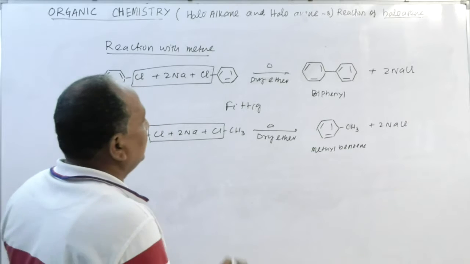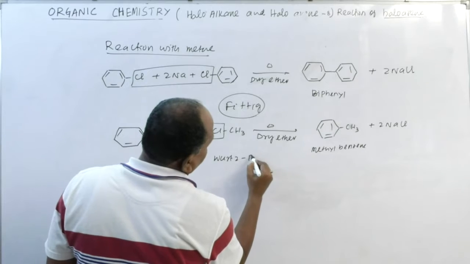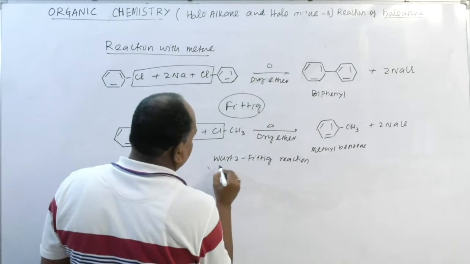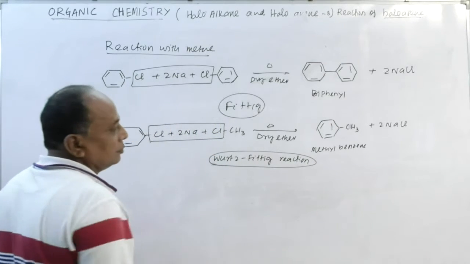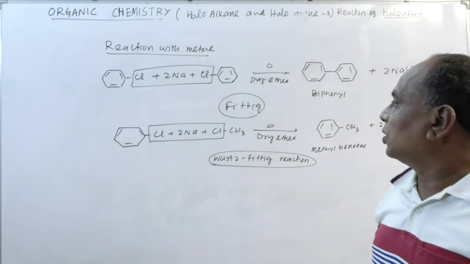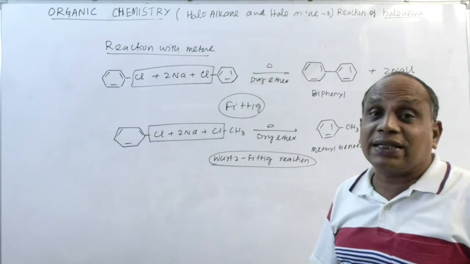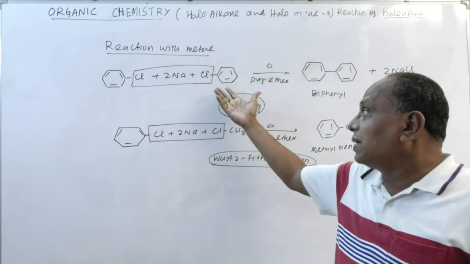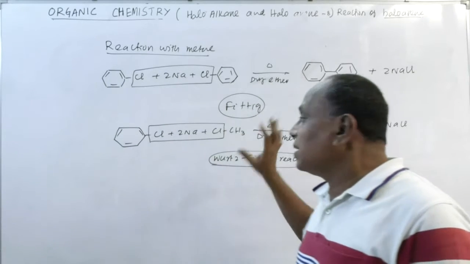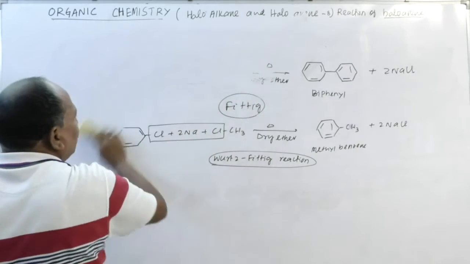And this reaction is called the Wurtz-Fittig reaction. Okay, students, are you clear? What is the Fittig reaction? What is the Wurtz-Fittig reaction? The difference: in the Fittig reaction the halide is chlorobenzene only, but in the Wurtz-Fittig reaction it is chlorobenzene plus alkyl halide.